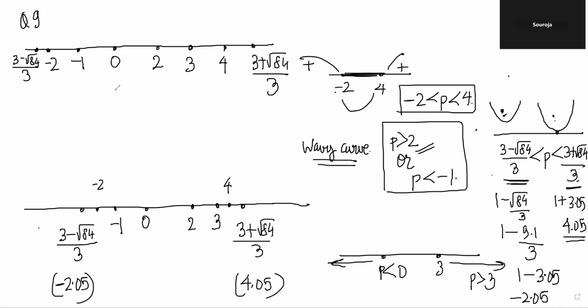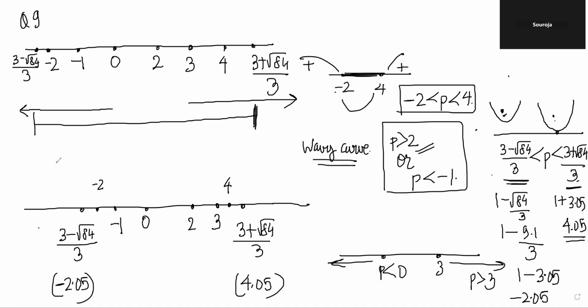Do you understand? Now we will do intersection. So the first condition was P should lie between this and this, right? Then the second condition was P should be smaller than 0 and should be greater than 3, right?